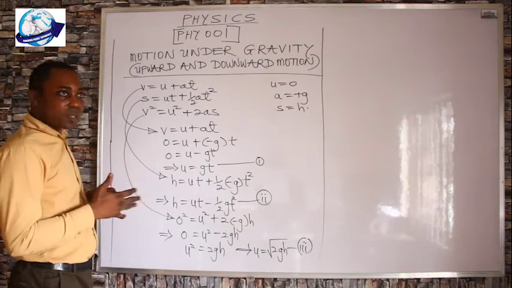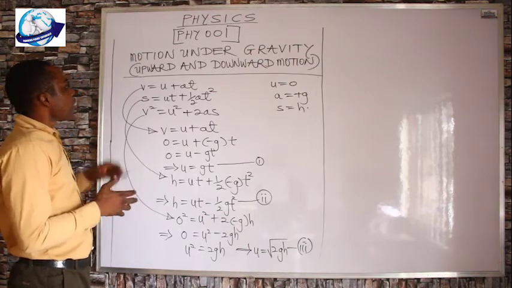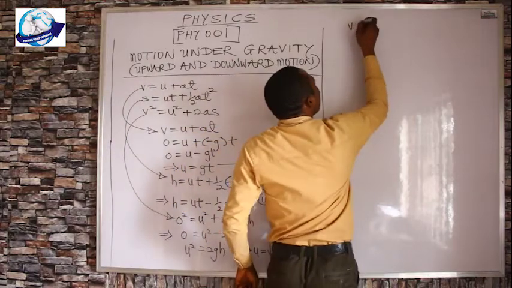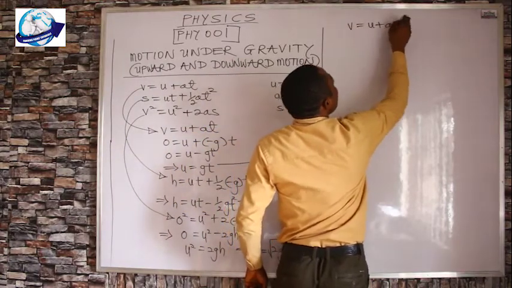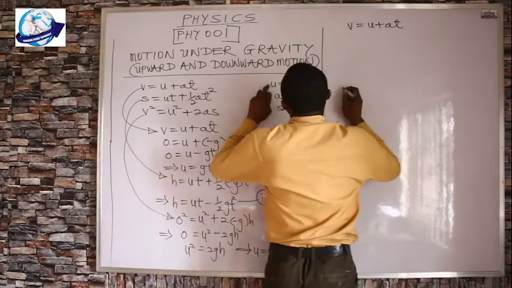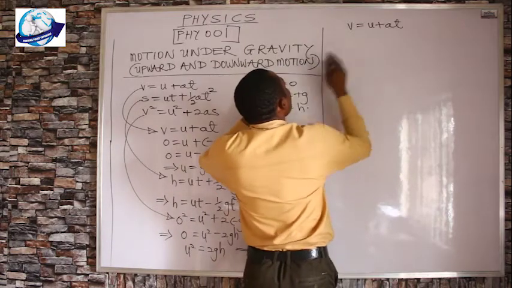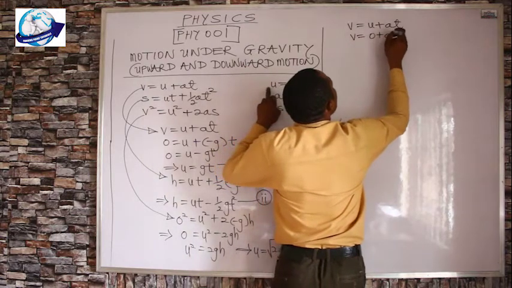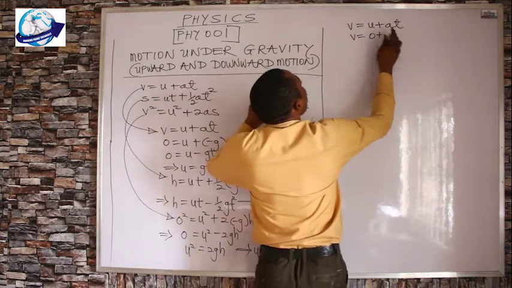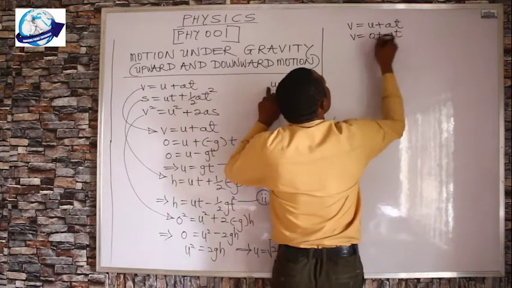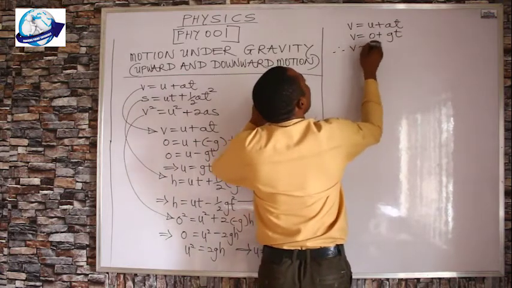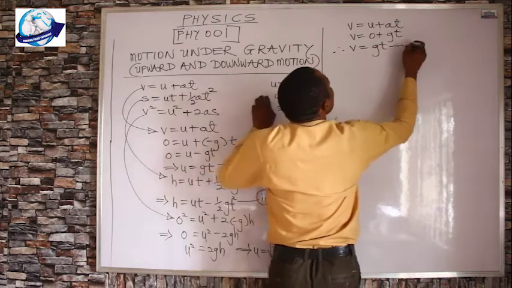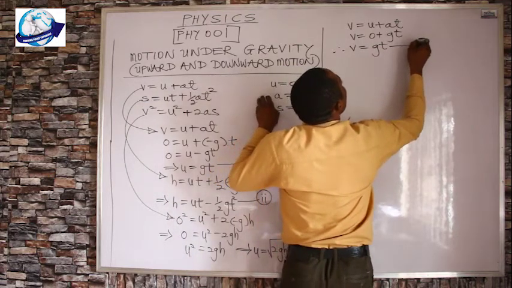For this one, equation 1 changes: we have v equals u plus at. Our u is 0, so we have v equals 0 plus a. The a now is positive g, so gt. Therefore, v equals gt.